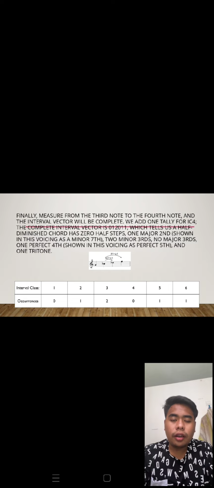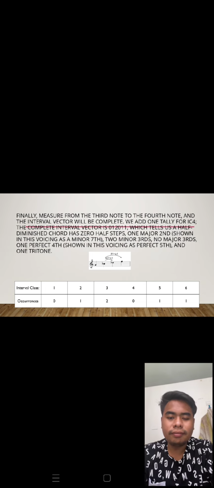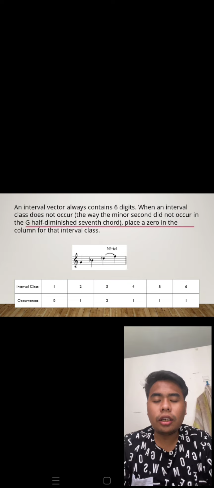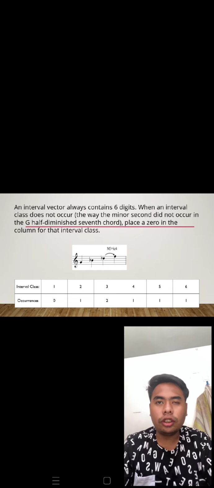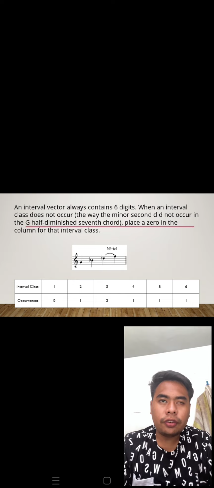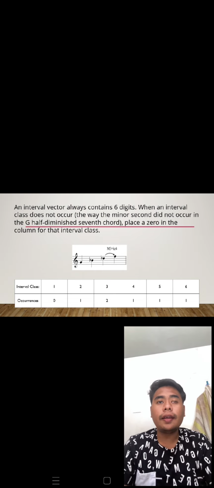It also has one perfect fifth. An interval vector always contains 6 digits. When an interval class does not occur, the way the minor second did not occur in the G half-diminished 7 chord, place 0 in the column for that interval class.